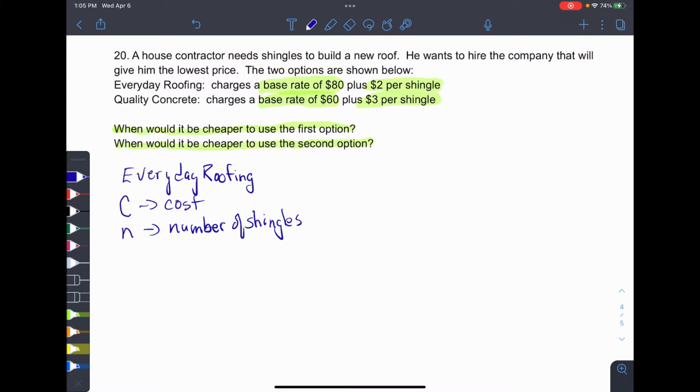Our total cost for hiring Everyday Roofing will be dependent on the number of shingles.